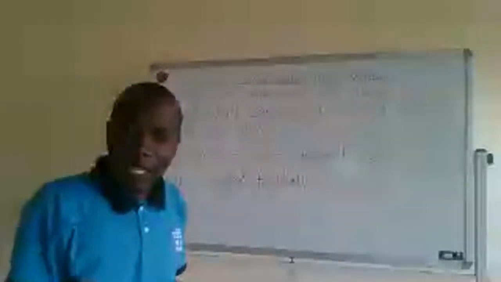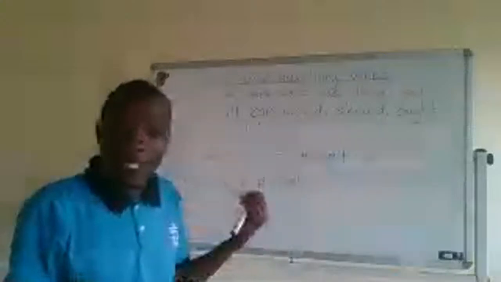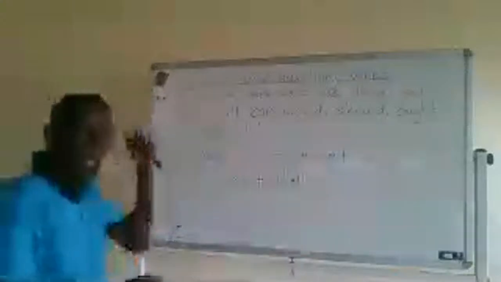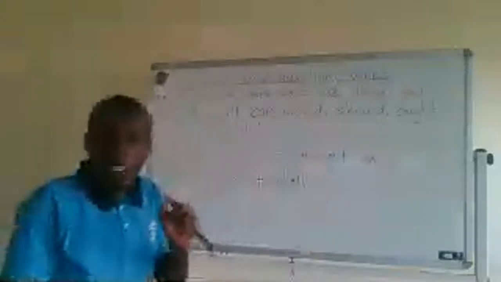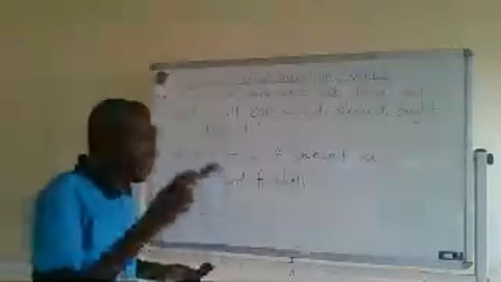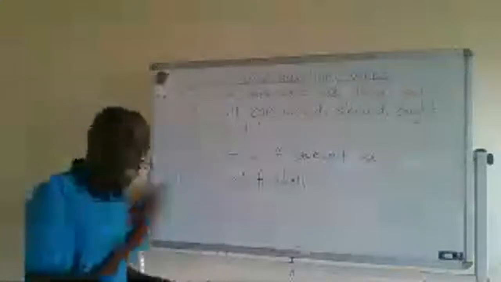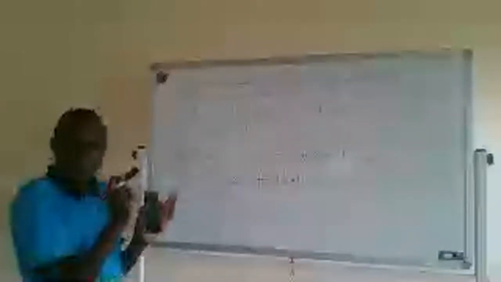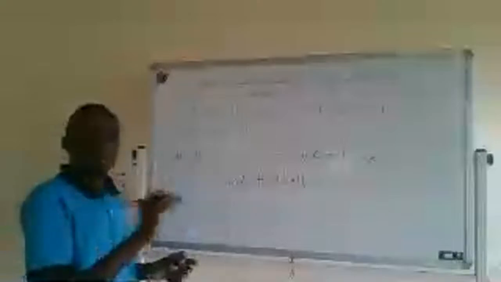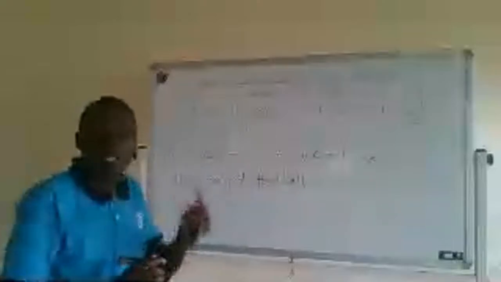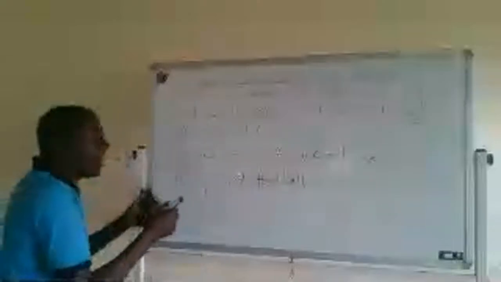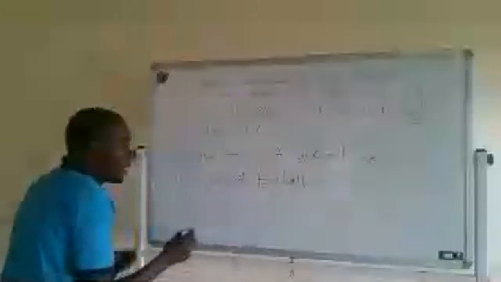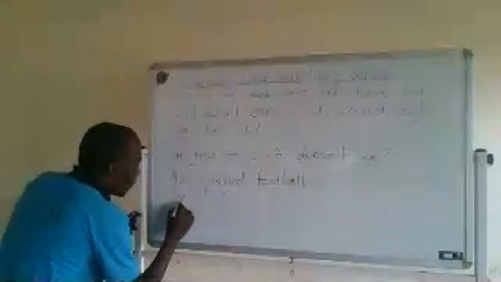Now that one means that it is a past tense. If at all you want to get the helping verb which has been used, you must be in position at least to change this one into negative. When you change it into negative, you will automatically get the helping verb which has been used. For example, you played football becomes you did not play football.